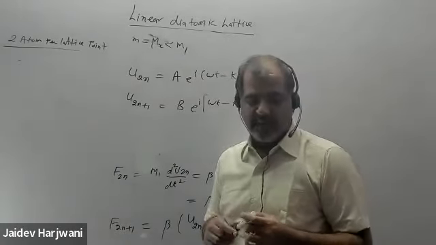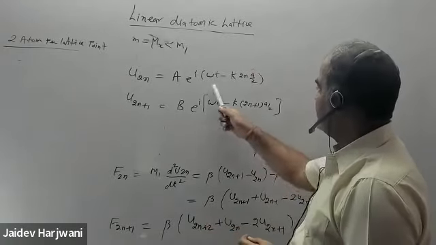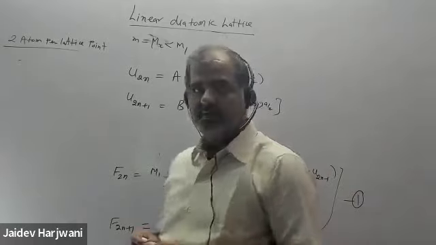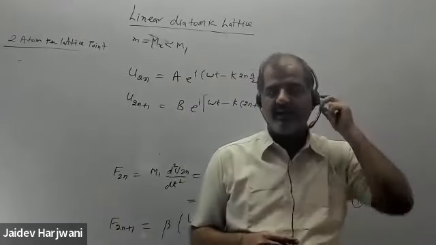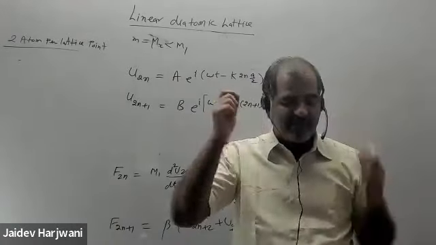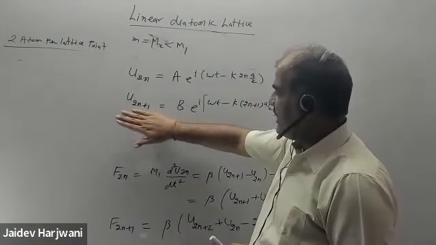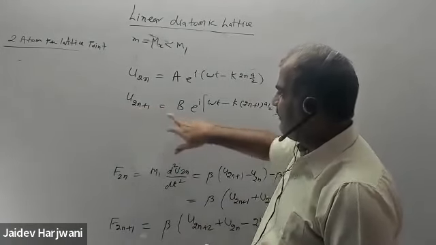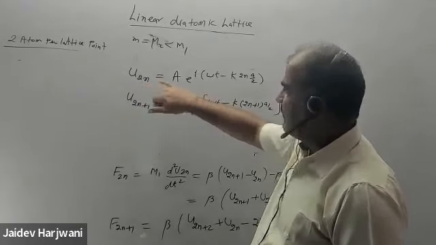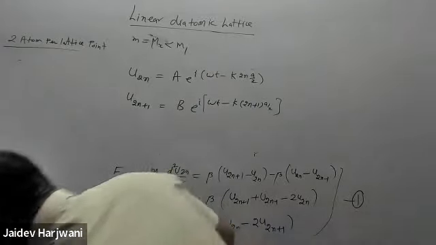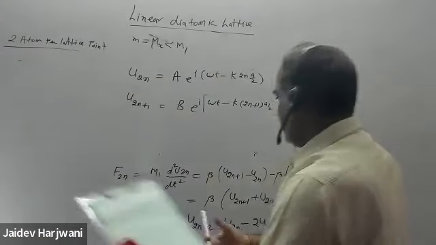So I am not changing the frequency, I am only changing their amplitude, because one is heavy and one is lighter. When they do motion, their amplitudes will vary. For the lighter atom I am writing the amplitude B, and for the heavier atom the amplitude is A. Now you can substitute these values in these equations.